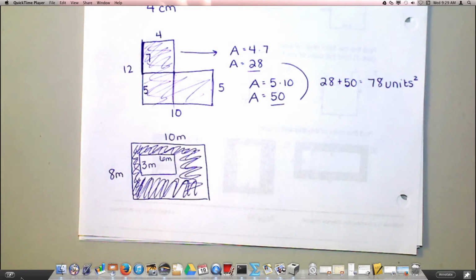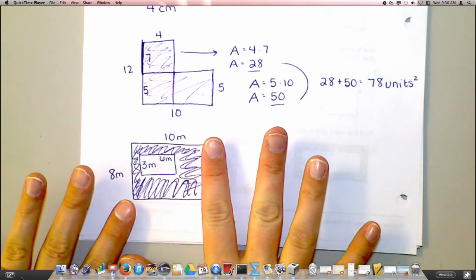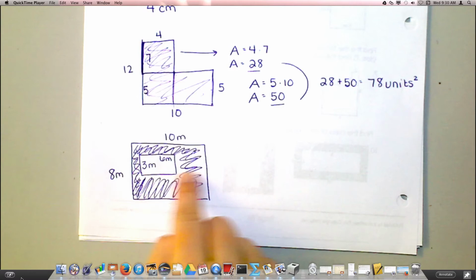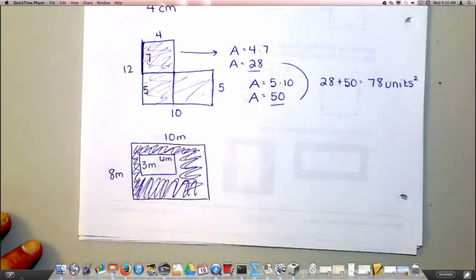Okay. Anytime you're dealing with shaded area, usually it's like a shape inside of a shape. So I want you to picture this as though I had this rectangle, the 10 by 8 rectangle, and I cut a hole in it right here. If I'm cutting a hole in it and taking it away, what math process does that sound like, Spencer?